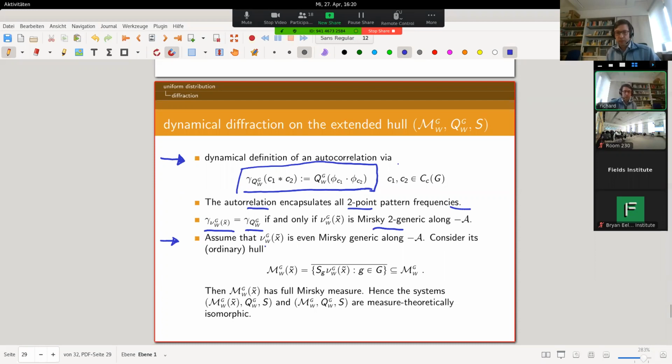If you assume that a given configuration on G is even Mirsky generic, so all K along minus A, and you consider the ordinary hull, which is just taking the configuration and all shifts in G, and then closing with this local matching metric, then it turns out that this individual hull has full Mirsky measure, and this means that the systems are isomorphic. So this gives the relation to the usual approach if you do not take the extended hull, but the ordinary hull here.